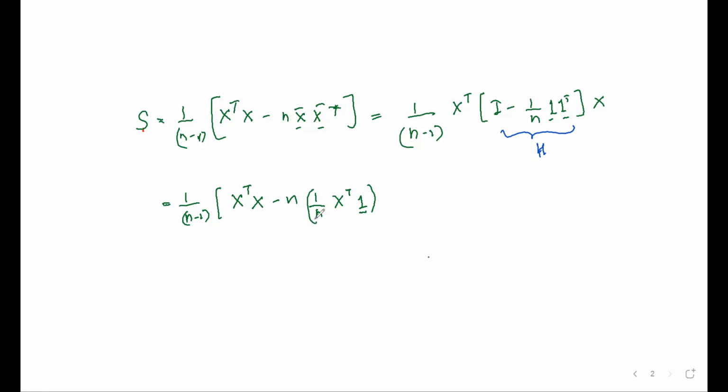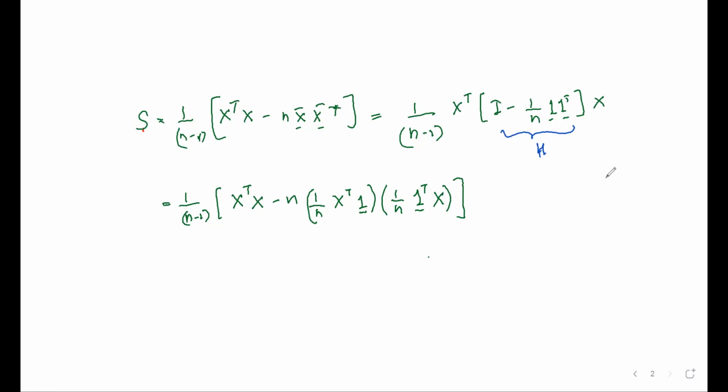That's x bar. X bar transpose is the transpose of that one. So 1 over n x transpose 1 transpose, it comes as 1 transpose x transpose back to x. Those are the properties of the transpose and all, right? I hope you remember that.